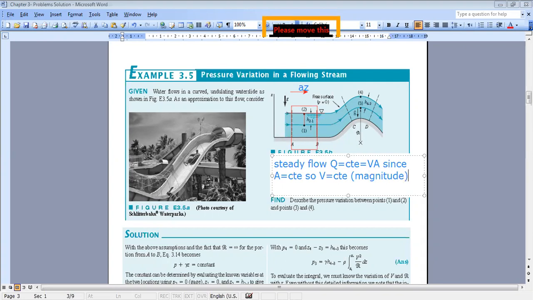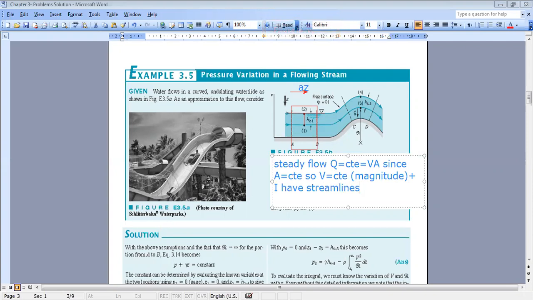So I will add that I have streamlines along straight lines. So I can say that my acceleration is 0.